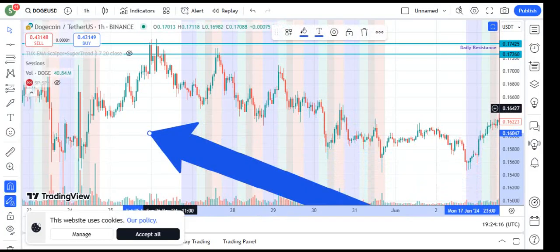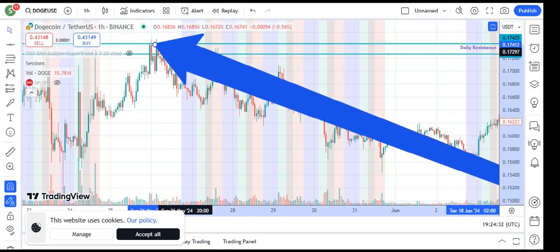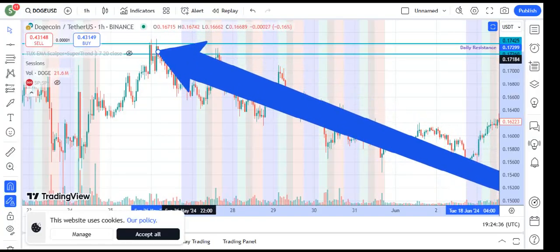So why do we actually mark the support and resistance levels? After marking the support and resistance level, it helps us to be able to identify the point we want to sell or buy from. Now, after I marked the point, what did I do? I came to this level and said, where is the order block in this level? Where can I come back and actually pick a point from? This is the order block.